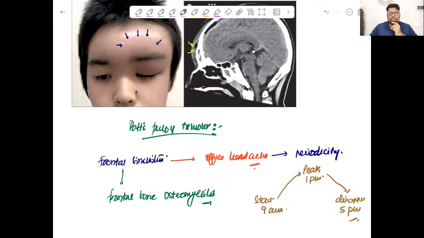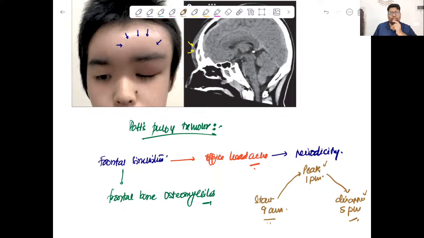And these are the usual office timings. So if the patient is working somewhere, the moment he enters the office, he will say that he is having a headache, which will peak somewhere around lunch time and will disappear once he is about to leave the office.